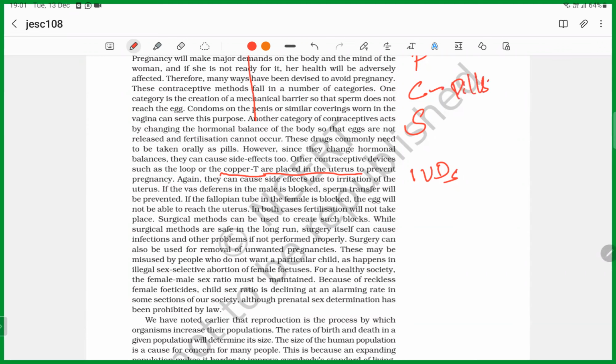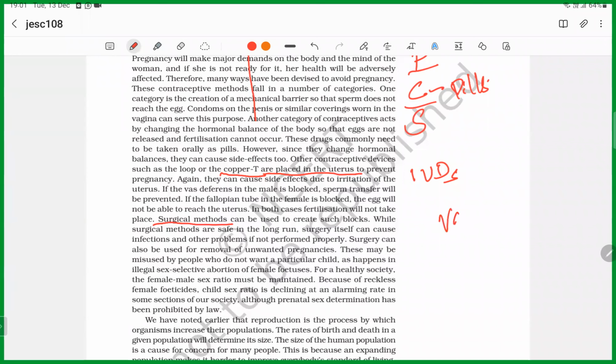They are called chemical methods of pregnancy control. And then surgical methods. Surgical methods are vasectomy and tubectomy.